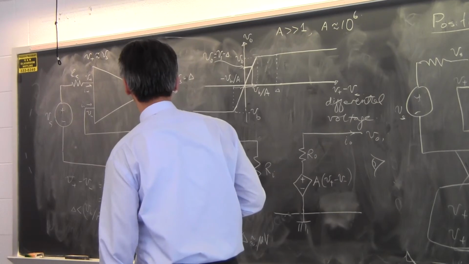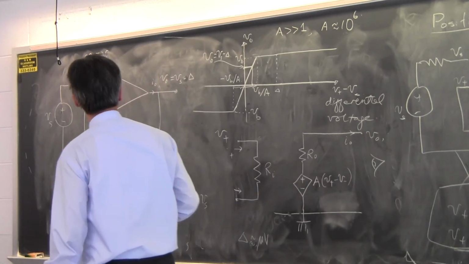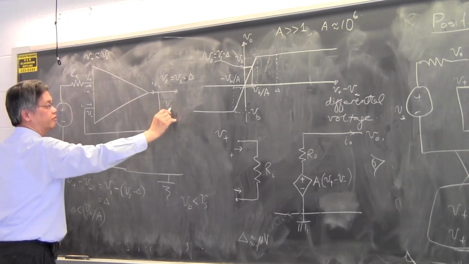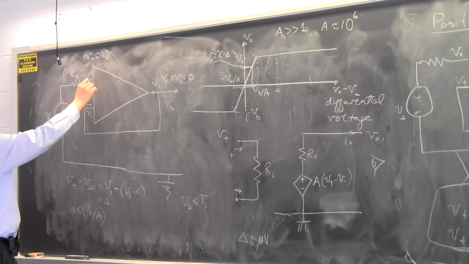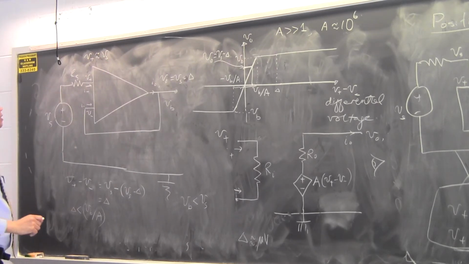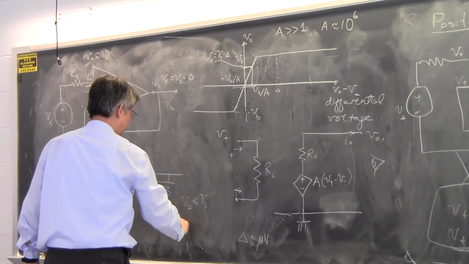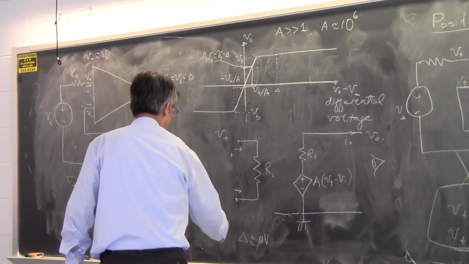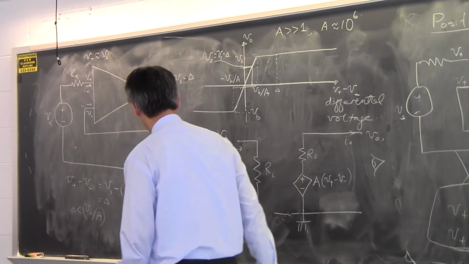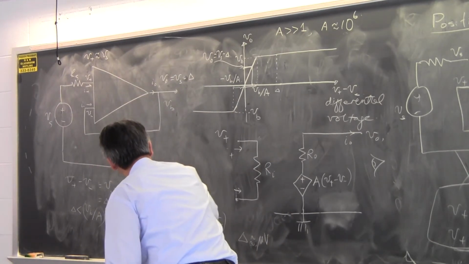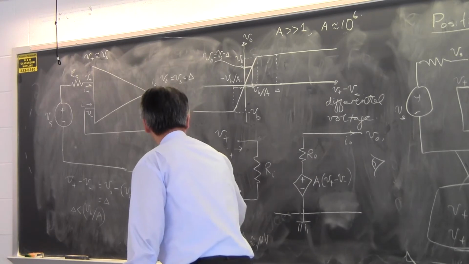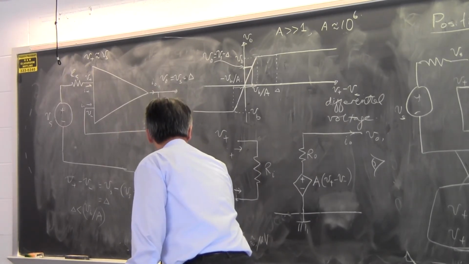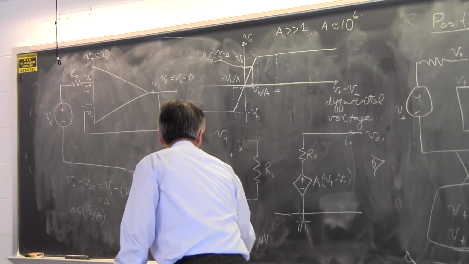Okay, then what happens is that if you're outside linear regime, this goes to VB. VO becomes VB, and V plus is still Vs. Then V plus minus V minus is equal to Vs minus V minus, but Vs has been linked to VB.